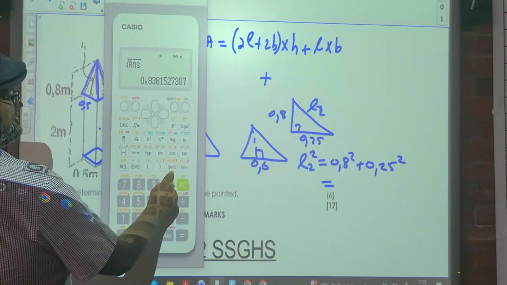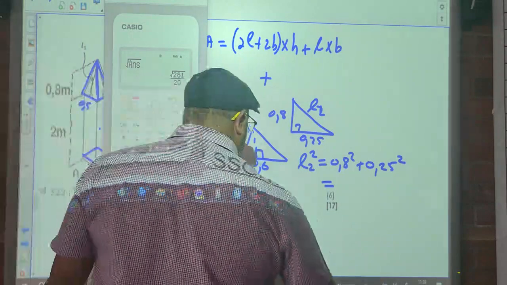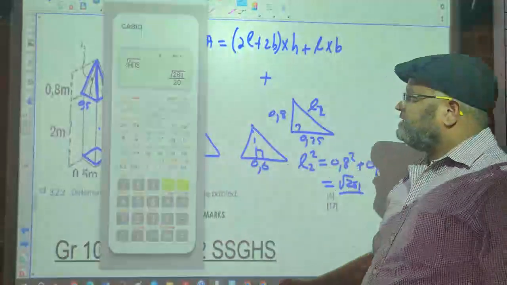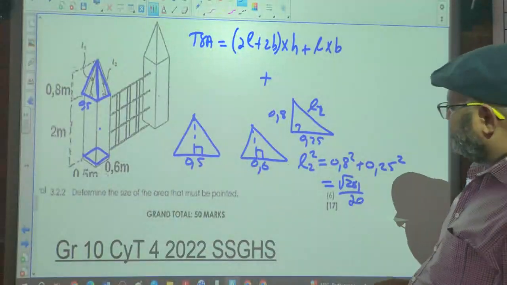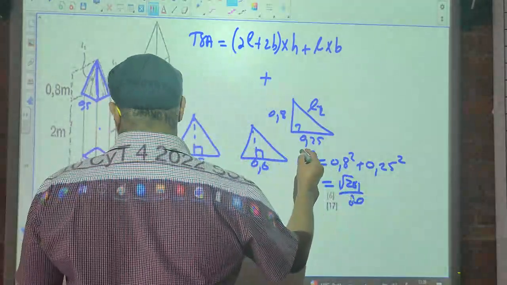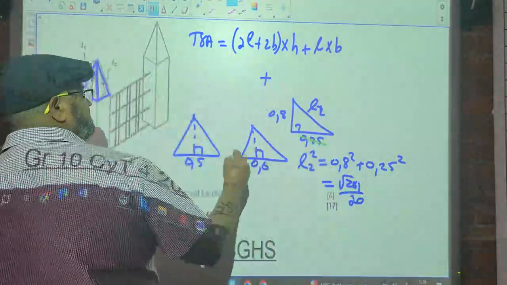Is that correct? Yes, sir. Okay, so it's the root of 281 over 20. And then the other one has a base of 0.6 divided by 2, which is 0.3.